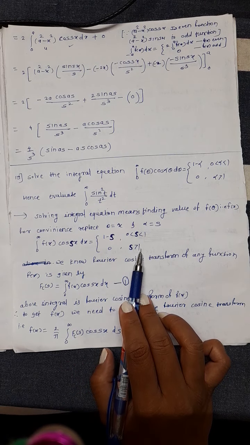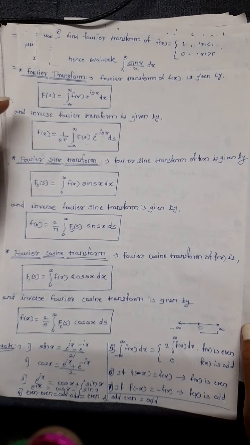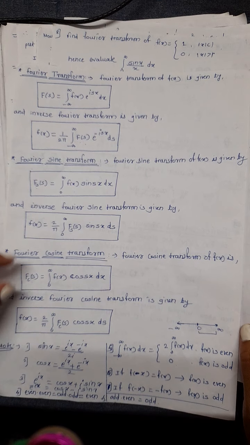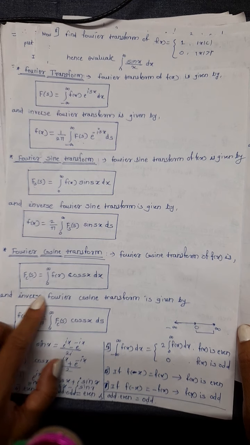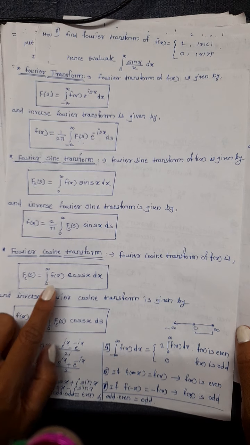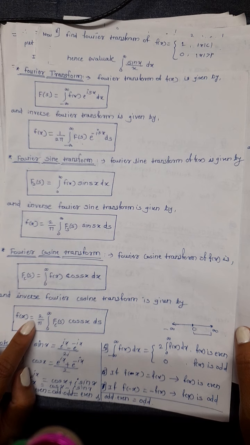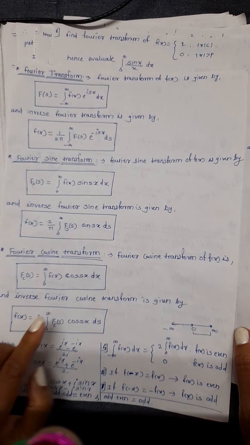Now we know two formulas. The Fourier cosine transform is there. Here we have a total of 6 formulas. If you observe, this FCS is the Fourier cosine transform, and if you replace this by this here, what do we get? This formula. This is called the inverse Fourier cosine transform.